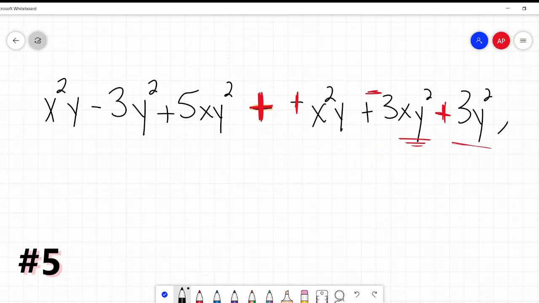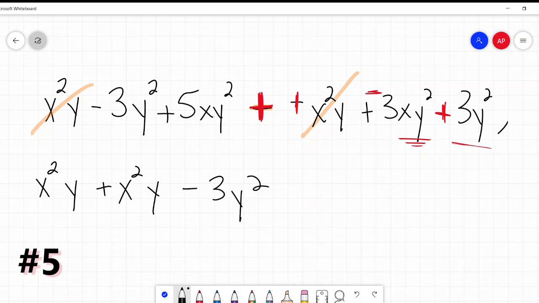And there's the second trick. Make sure we have the correct like terms together. So I'm going to rewrite them. X squared y, and I'm going to mark them out as I go, plus x squared y. There's that one. Minus 3y squared plus negative, oh, sorry, see, I did it too.